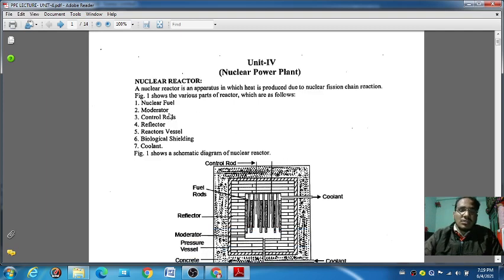Now we are discussing the various parts of the reactor. The first is nuclear fuel, then moderator, control rods, reflector, reactor vessel, biological shielding, and coolants. These are all the parts in the reactor, and each and every part has a specific task.